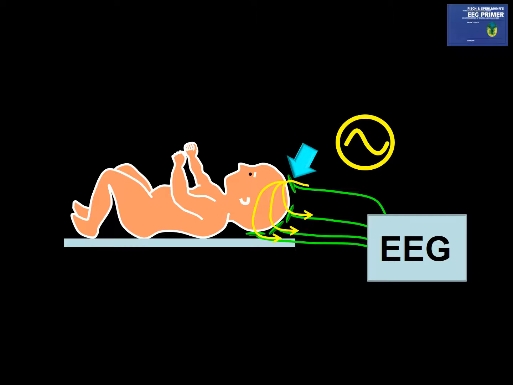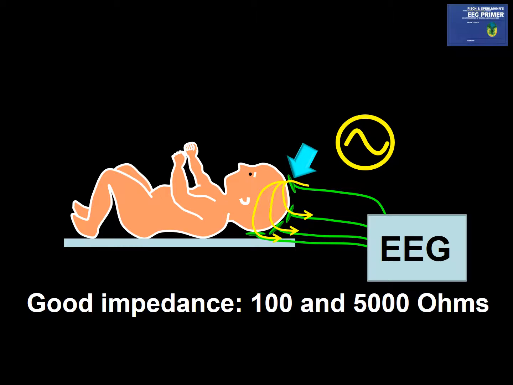The measured impedance mainly reflects the impedance of the selected electrode, since the return path of the electricity takes it through multiple electrodes connected to the patient. Therefore, the amount of impedance of the non-selected electrodes is negligible. The impedance of the selected electrode should be between 100 and 5,000 ohms.